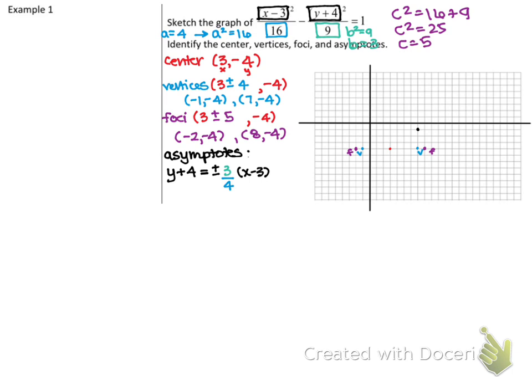I'm going to plot it in black. What I'm going to do is I'm going to create a rectangle using my slopes of negative 3, 4. So, and I'm going to erase this part, so we can see what I'm thinking. I'm trying to create a rectangle right here.